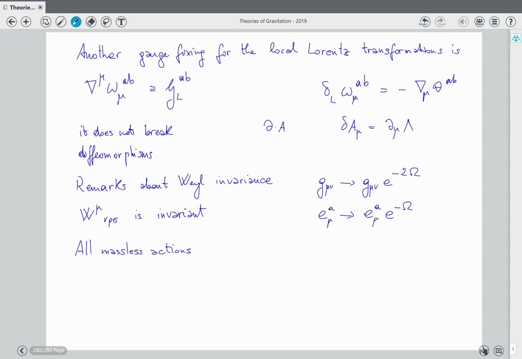With the caveat that we will see all masses can be made Weyl invariant. For example, the Yang-Mills action is basically already Weyl invariant.